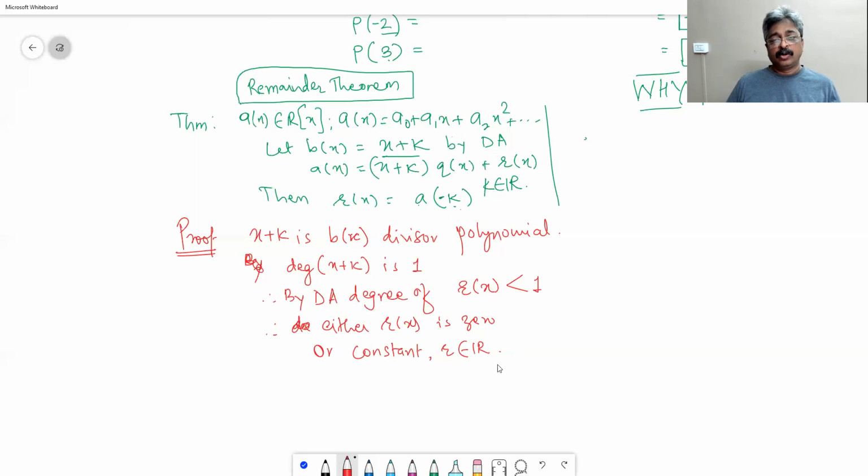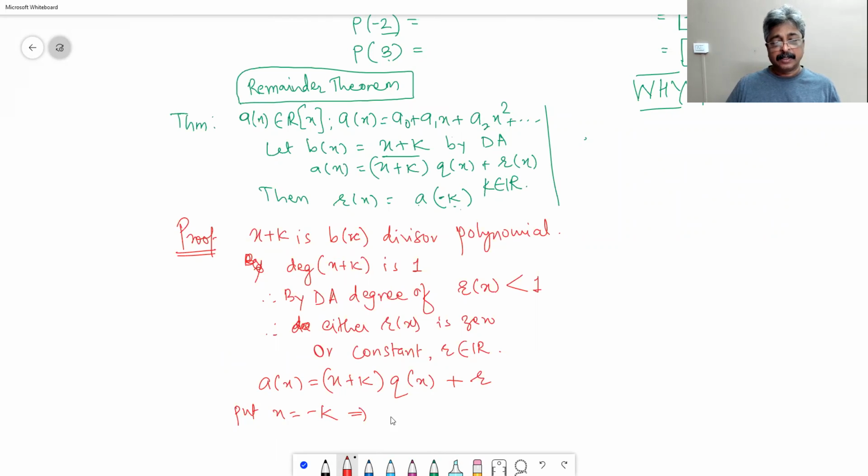Okay, so division algorithm says a of x is equal to x plus k times q of x plus small r, which is going to be your r of x. Put x is equal to minus k.